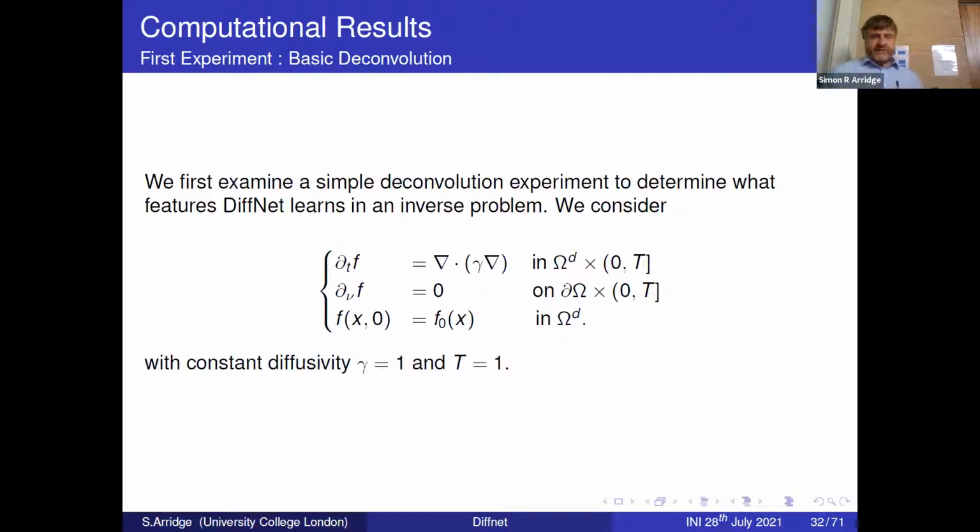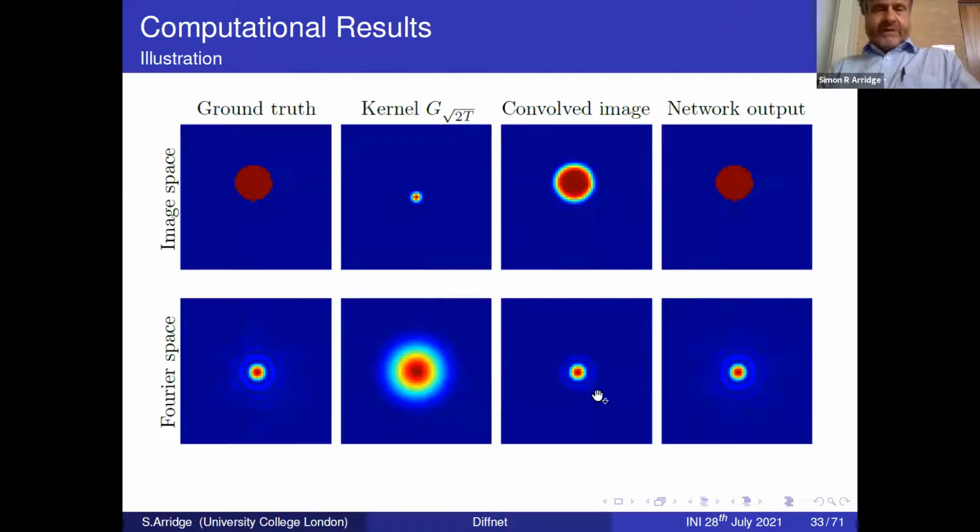So we first just do a simple deconvolution experiment. We apply this to an isotropic deconvolution, so we set the diffusivity to constant. Starting with the disk here, a Gaussian kernel convolution image. We're learning the forward problem.